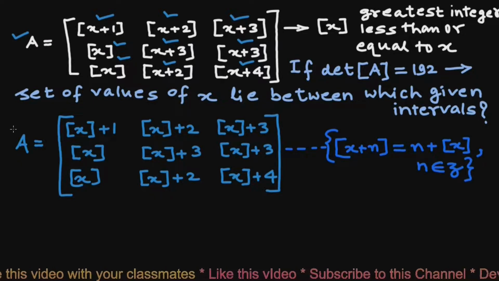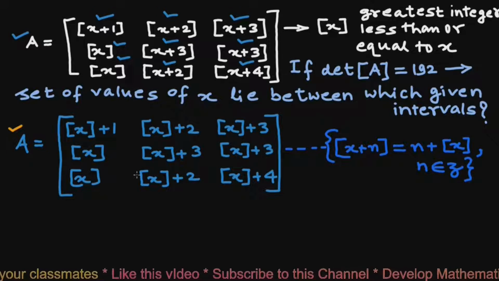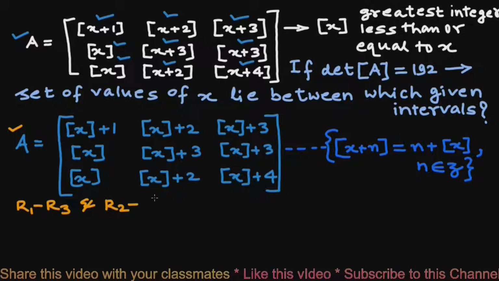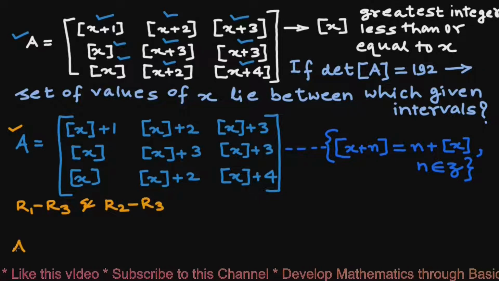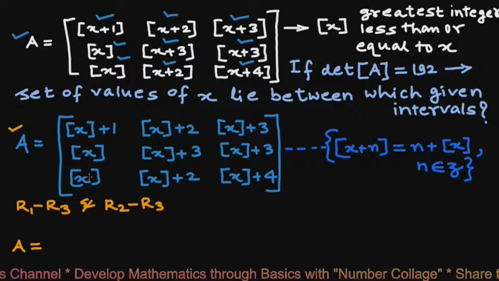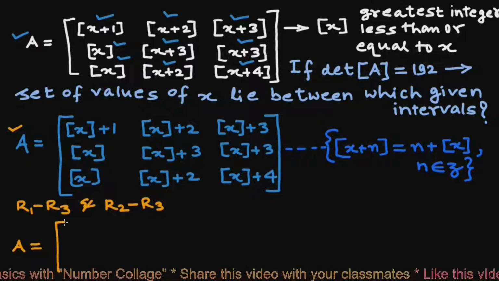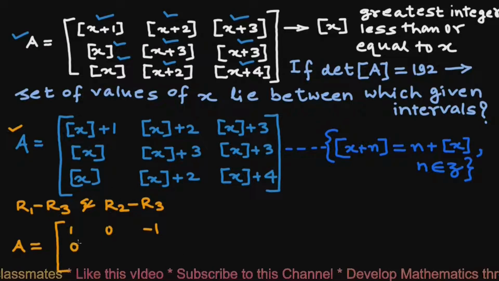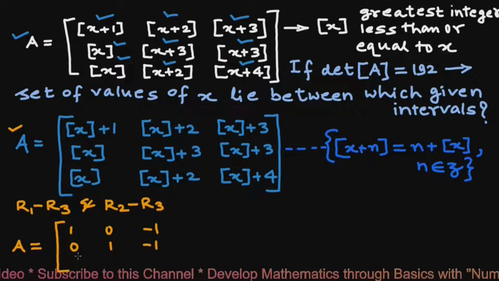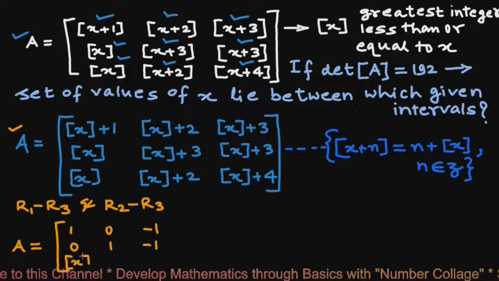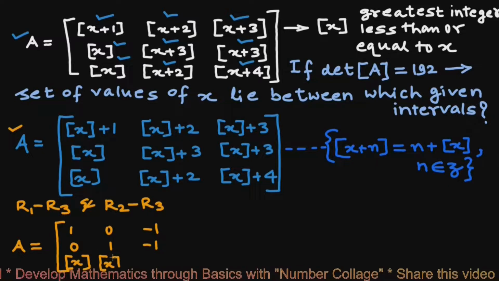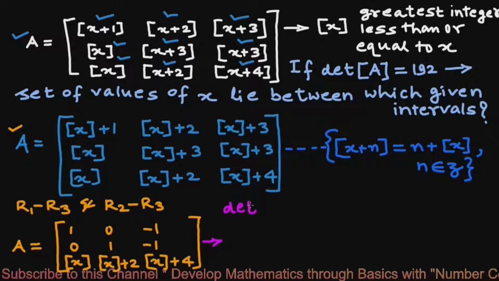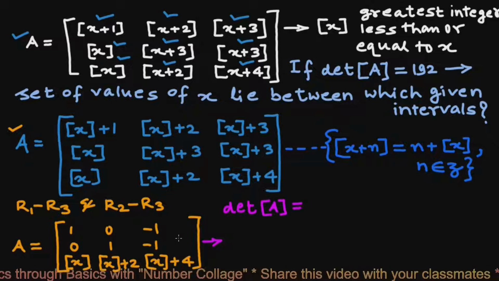We will simplify this matrix A by applying row transformations R1 minus R3 and R2 minus R3. That gives us matrix A equals, the first row will be R1 minus R3 will give 1, 0, minus 1. R2 minus R3 will give 0, 1, minus 1. And the third row will be as it is, greatest integer x plus 2, greatest integer x plus 4. This will give determinant of matrix A equals, this we will directly solve.